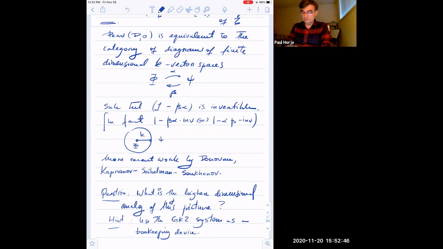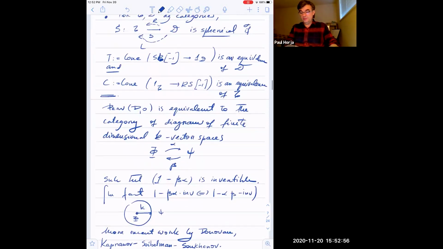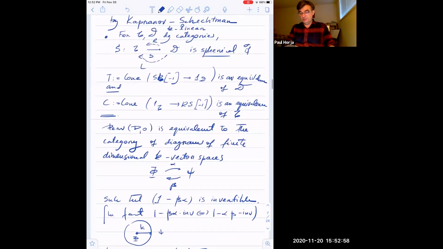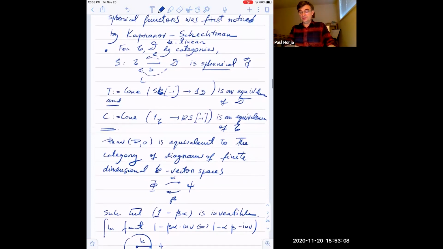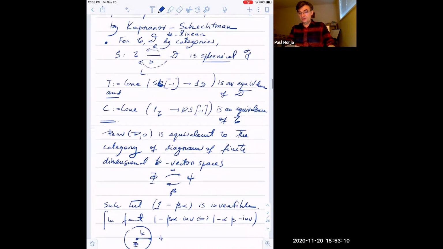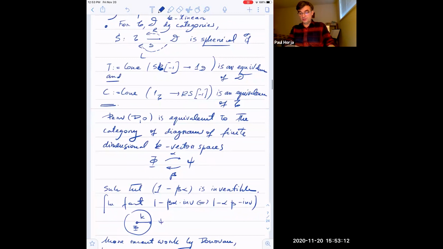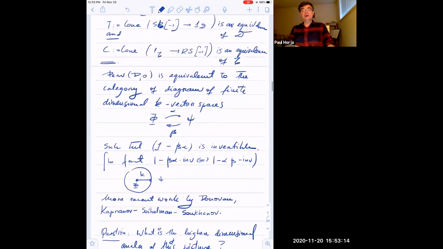In fact, if one of them is invertible, then the other one is too. So if you categorify this definition in a smart way, you really notice that you can think about the spherical functor as a categorification of this picture on perverse sheaves.